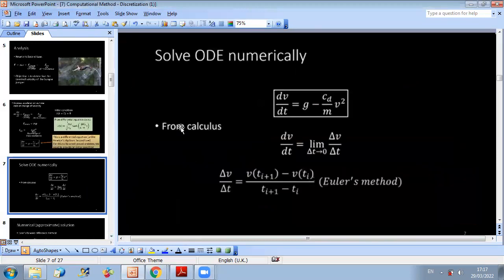So you remember that from calculus, the definition of derivative is the limit when delta t tends to 0 of delta v over delta t. Now, of course, the smaller your time step is, the better you will approach the derivative. So if we take smaller delta t, we expect that the solution will be enhanced.